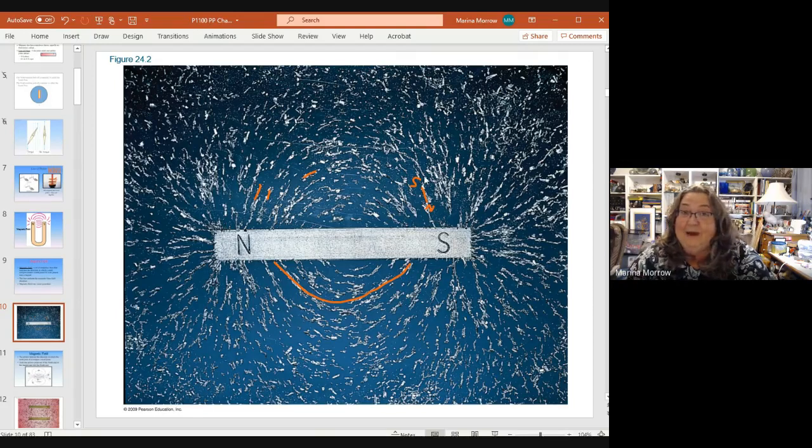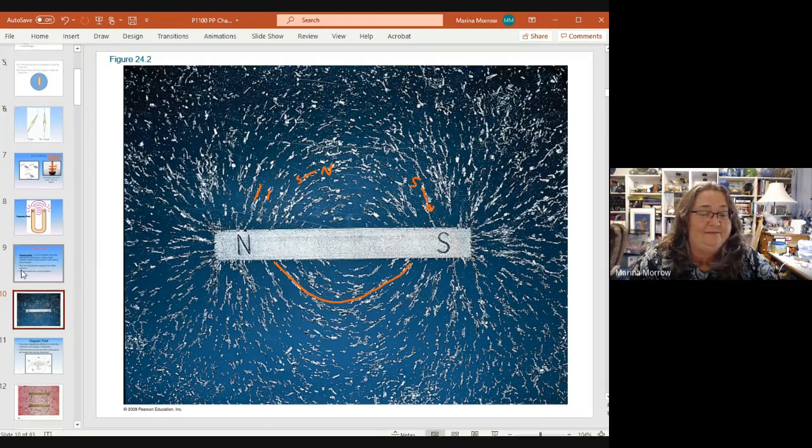It'll line up the domains, which we're going to talk about. So anyway, each little piece here becomes a mini magnet temporarily, not permanently. And so they line up such that they follow the magnetic field lines.